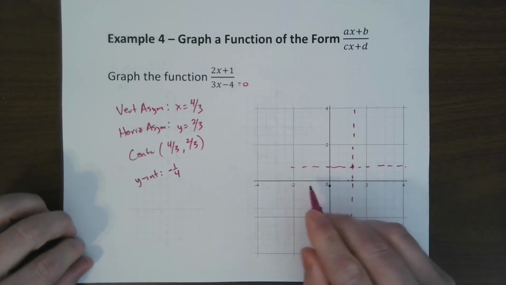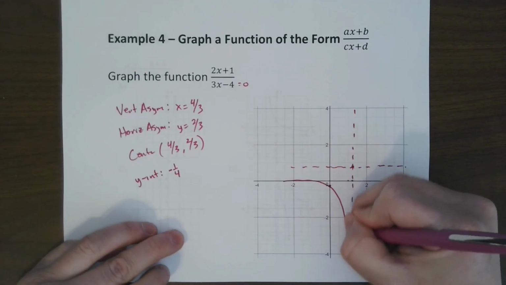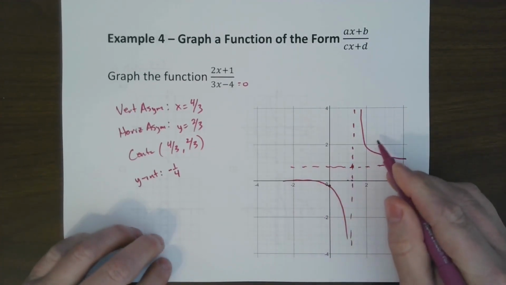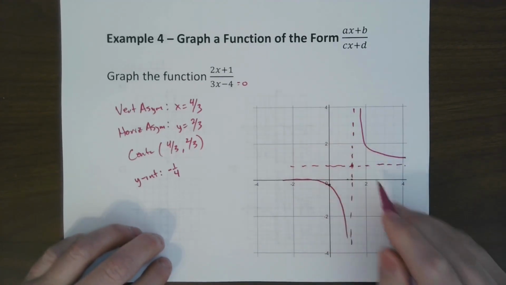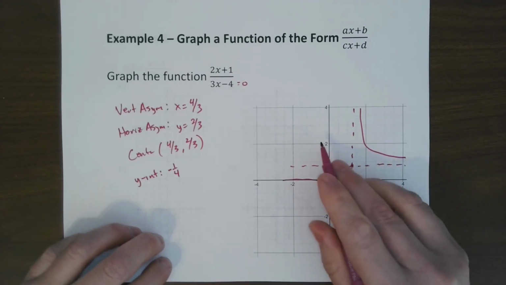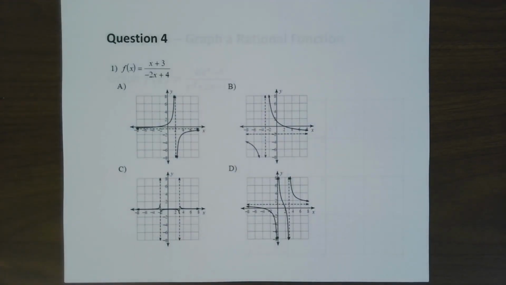Since it's in this quadrant formed by the asymptotes, we get a graph that looks like this. The other branch is always catty corner from, or opposite of, it. If it was up here, you'd go downward. So this one's positive because this one started low. If it was up here, it'd be negative. Go ahead and try this problem.